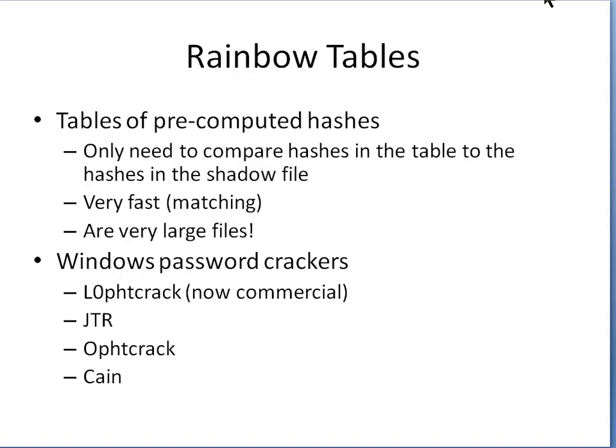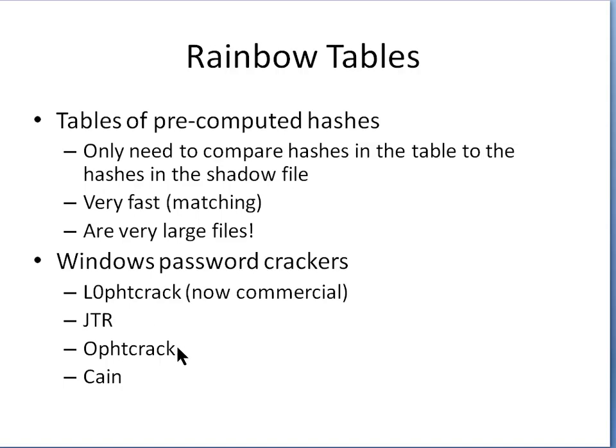There are Windows crackers that are also available. For example, as we saw in a previous video, Ophcrack is a very powerful Windows-based cracker. However, it's now commercial. You can still find the older versions of Ophcrack, and you can download those and compile that for your system. John the Ripper also works with NT and LanMan hashes, so you could use that.